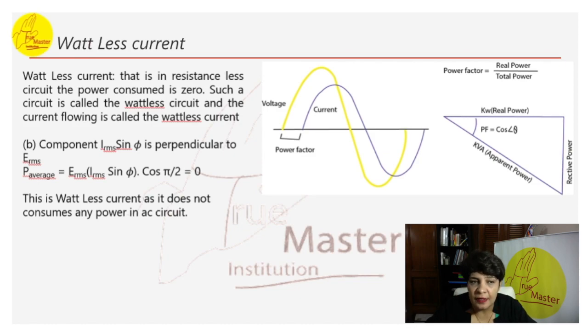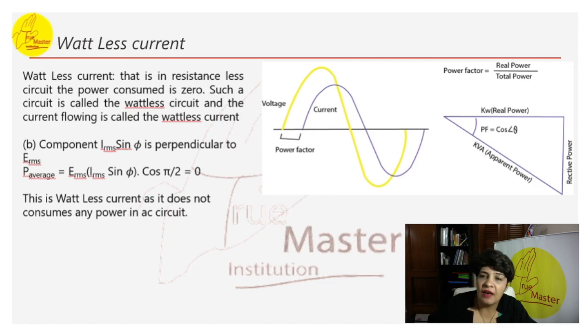Thus, the current in the circuit has no power. When it has no power, we call it wattless. It flows sometimes along the voltage and sometimes against the voltage, so that the net work done per cycle is zero. For example, when the secondary of a transformer is open, the current in the primary is almost wattless.